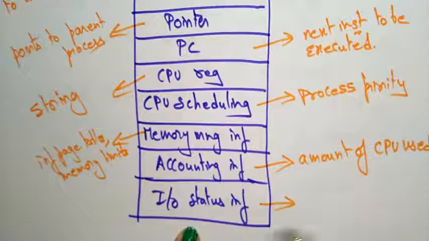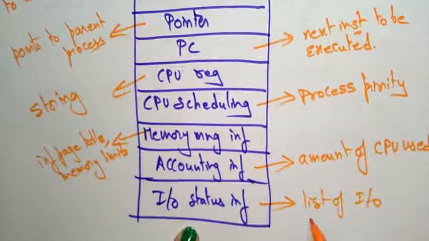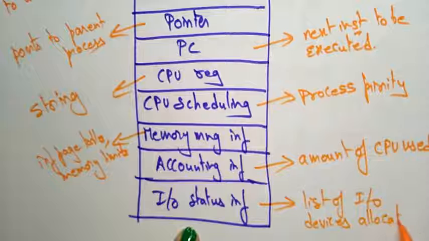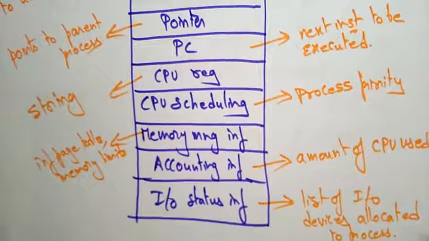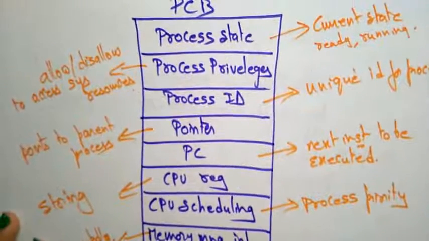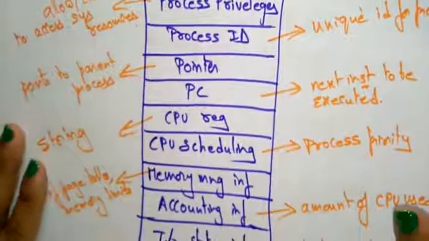It includes the list of IO devices allocated to the process. So this is what the process control block will store about each process that is going to be executed. Thank you.